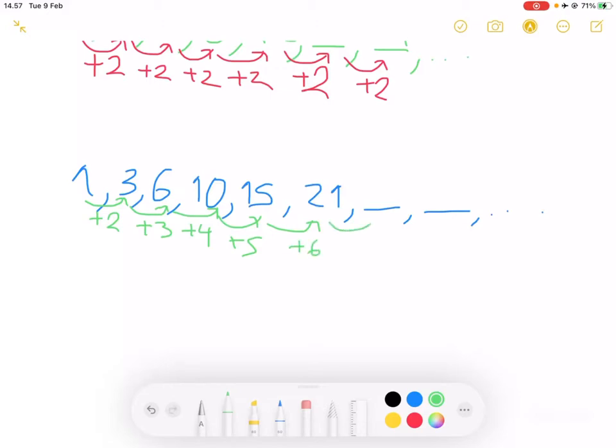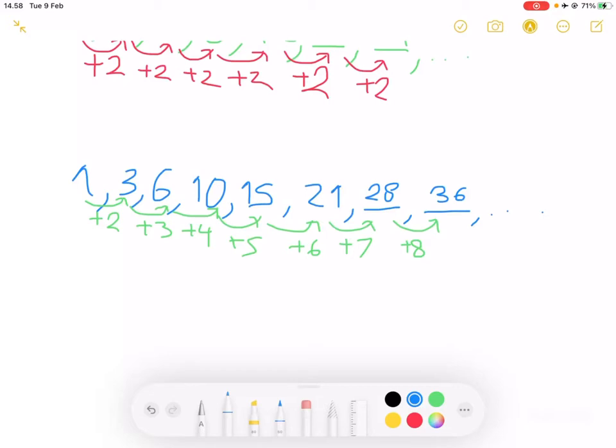Therefore we can simply conclude that the next difference will be 7, and the next term will be 28. You can do the same for the next one. You get plus 8, and the next term will be 36. And then the next term will be 45, because the difference increases by 1 every time, so the difference will be plus 9.